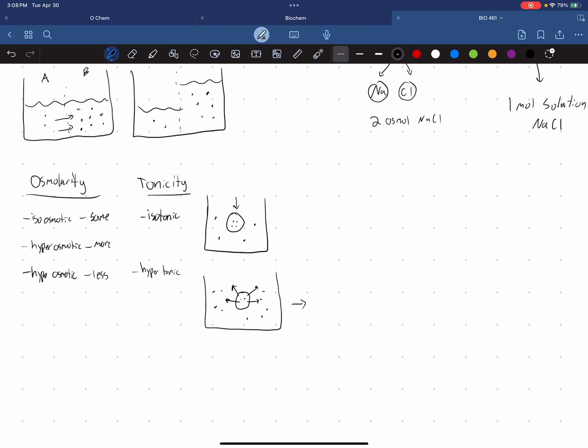So when that happens, the cell is going to shrivel up and become smaller like this. And that will increase the amount of water outside of the cell.